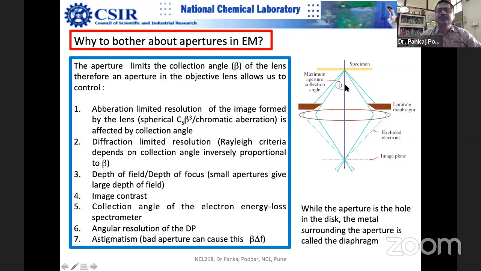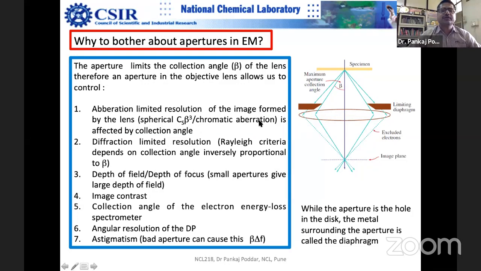It decides the beta; beta is actually decided by the aperture also, not just the lenses. Second thing, your astigmatism: the quality of the diaphragm also decides the astigmatism. So I have listed here, from various topics, the aberration-limited resolution of the image formed by the lens.